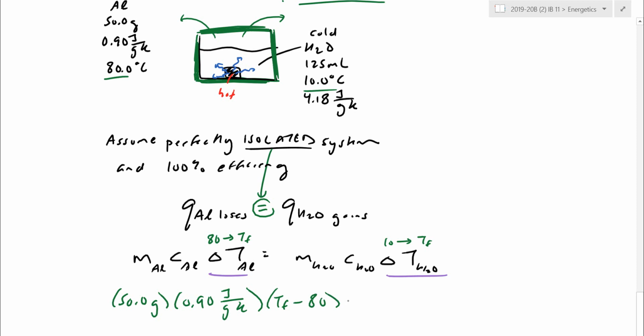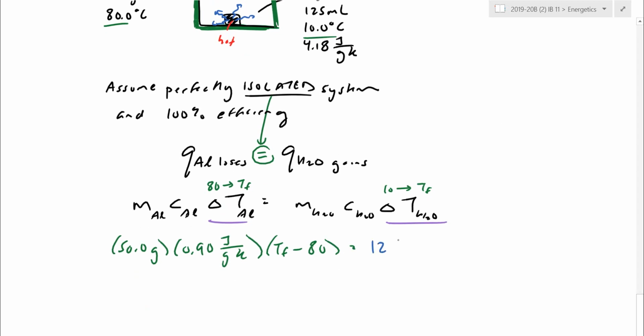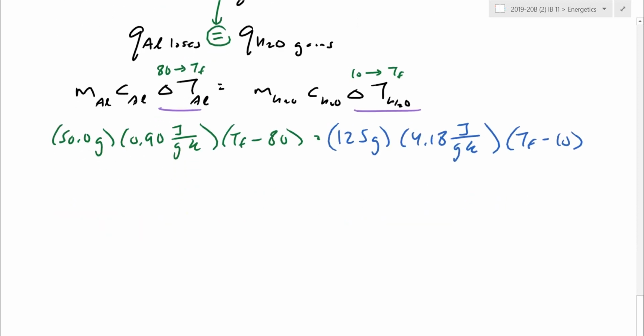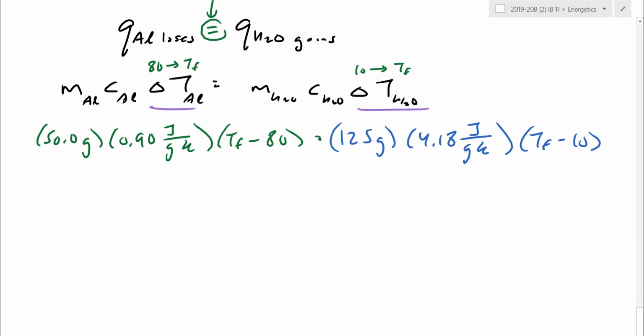So T_F minus 80 has to equal, for water, we had 125 mL, which is 125 grams, 4.18 joule per gram Kelvin, and then again final minus initial, T_F minus 10. Again, I'm going to purposely leave a mistake, but just keep following along, see if you can spot it. So 50 times 0.9 gives me 45 (T_F minus 80).